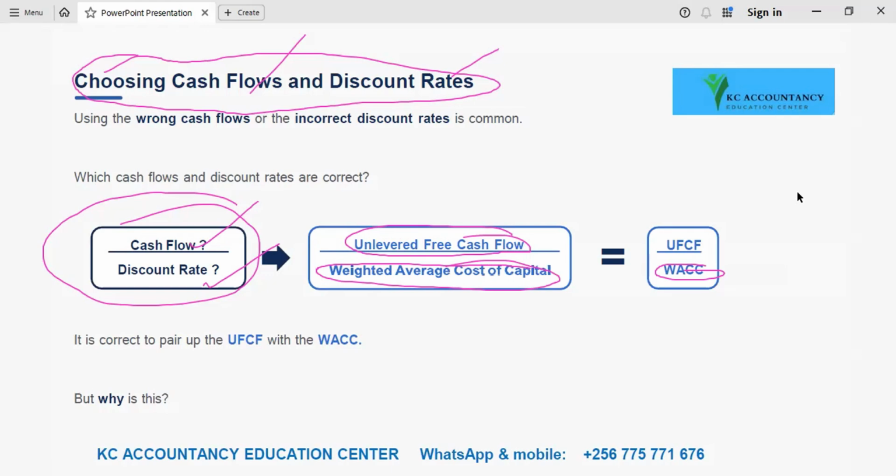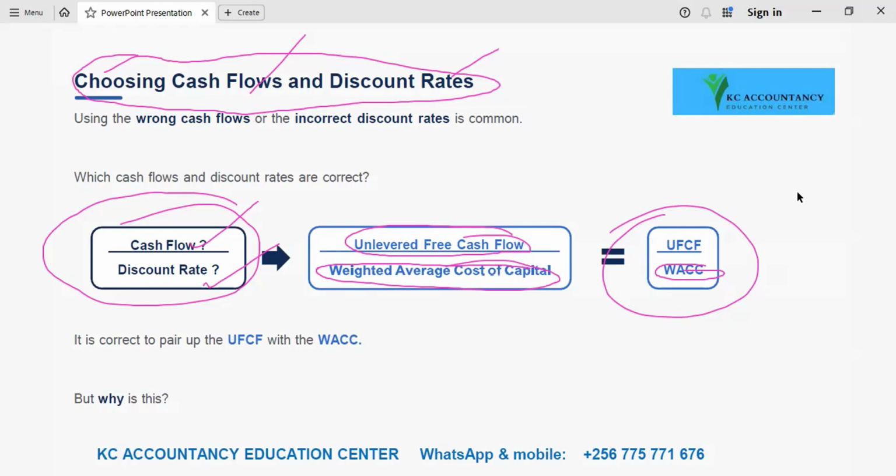These are the acronyms we use for these two terms: the UFCF is unlevered free cash flow, and WACC is weighted average cost of capital.